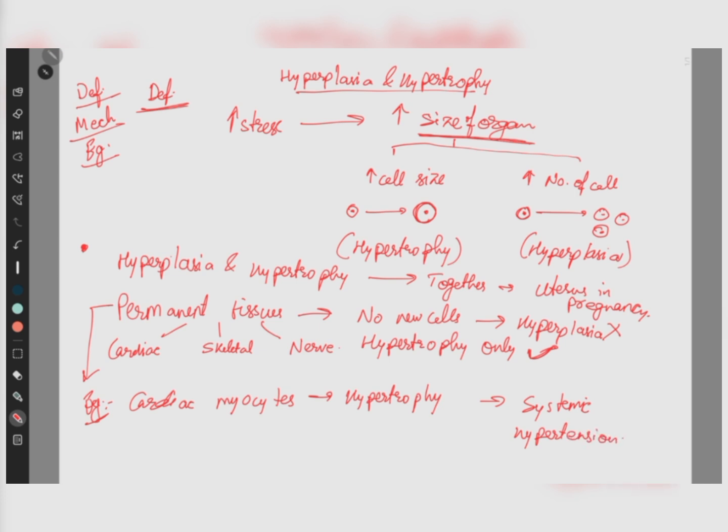Now let's see what is the mechanism of hyperplasia and hypertrophy. First we will be talking about hyperplasia. This is a very simple mechanism. It involves stem cells activation, leading to new cell production.